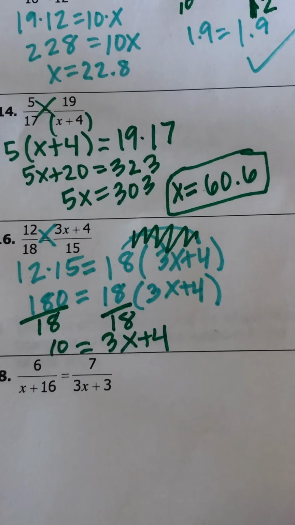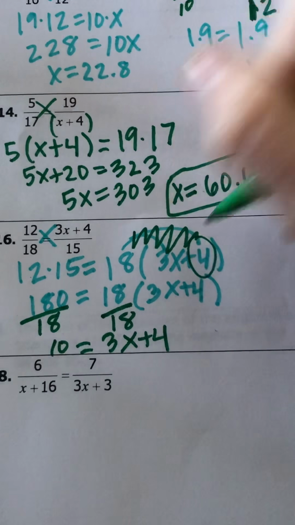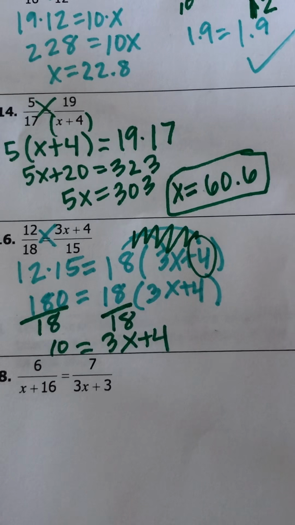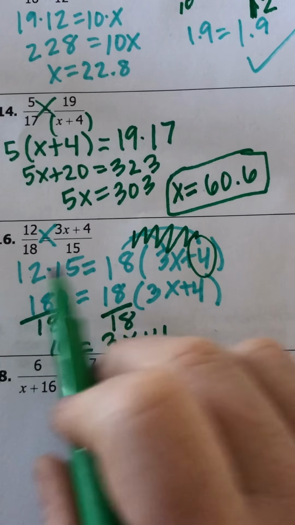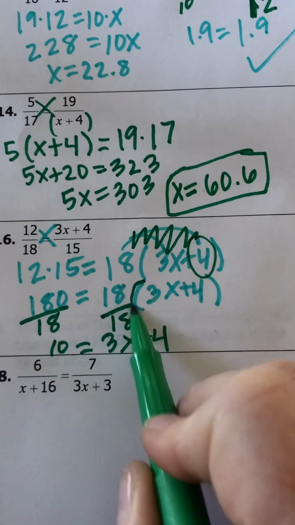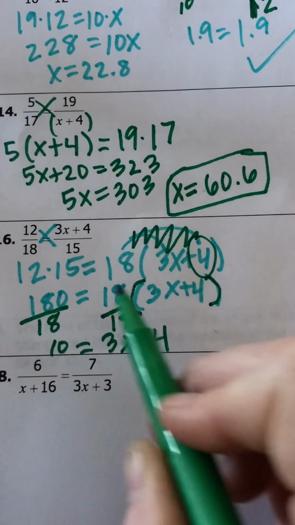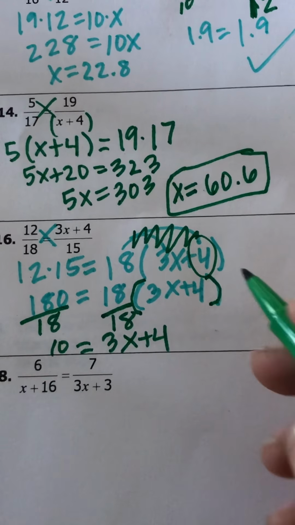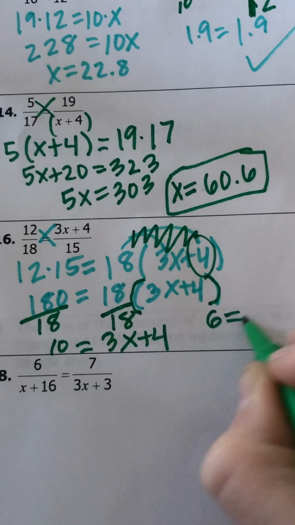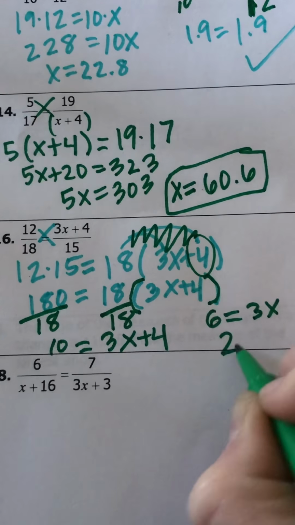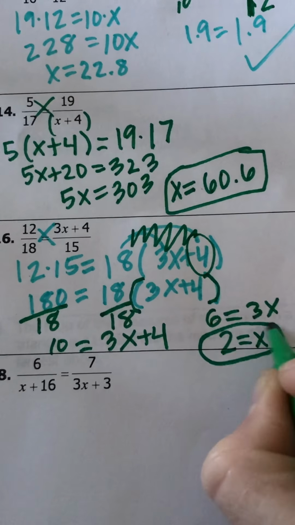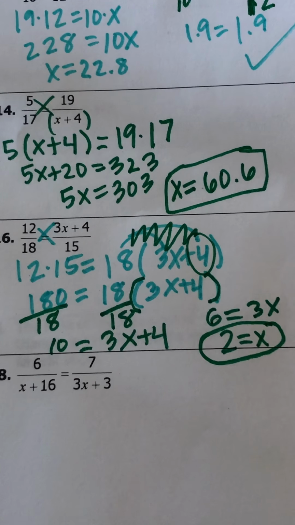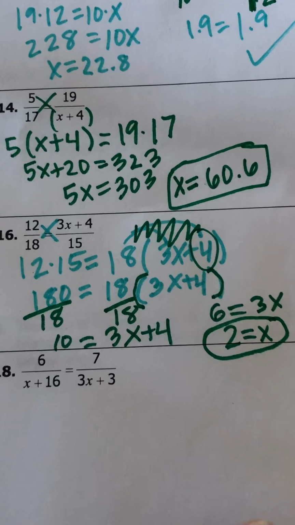Okay, so if for some reason you're someone who forgets to distribute to the last term, maybe you should do that. Divide the front number, because this is a group, I can divide the 18 out on both sides and end up with my 3x plus 4. Okay, then that would give me 6 equals 3x, 2 equals x. Either way, we should get the same thing. Okay?